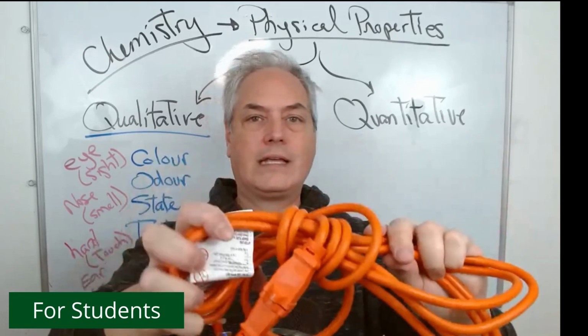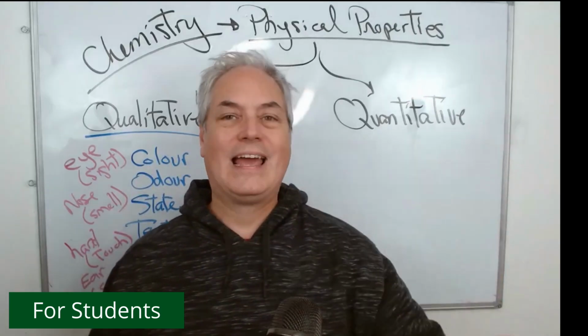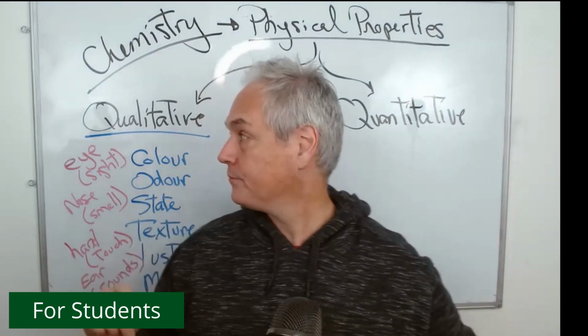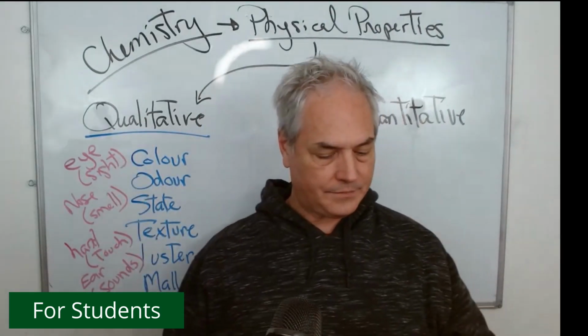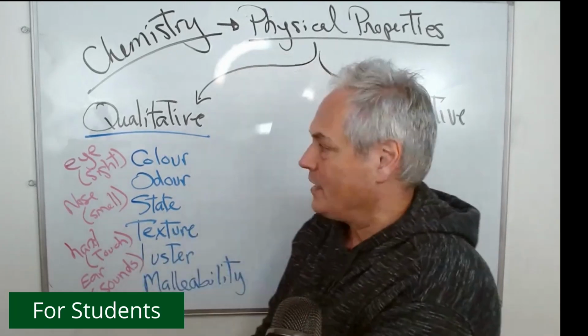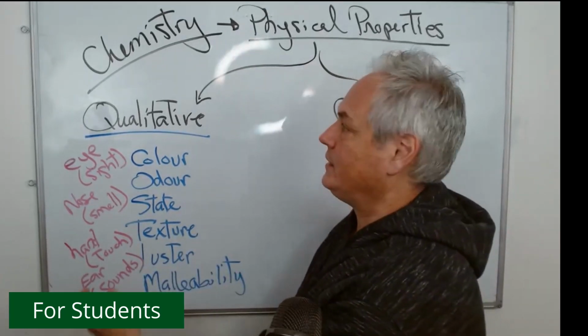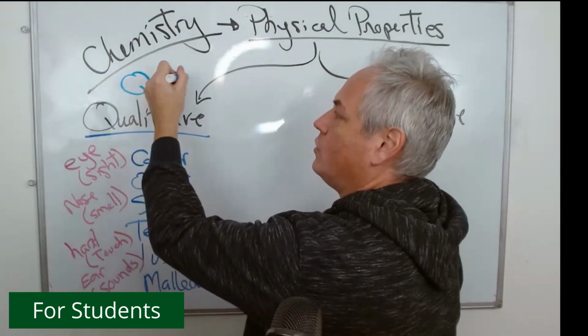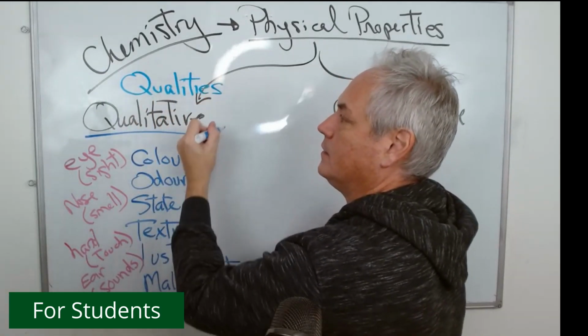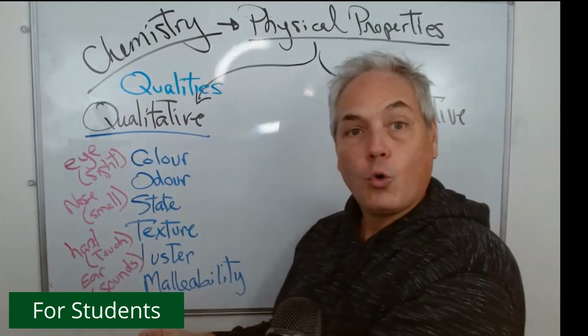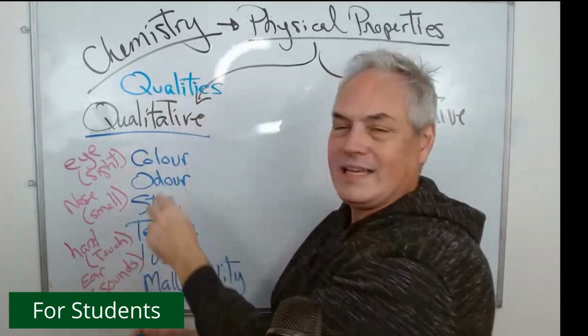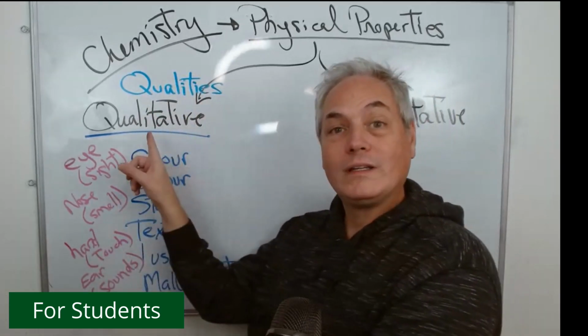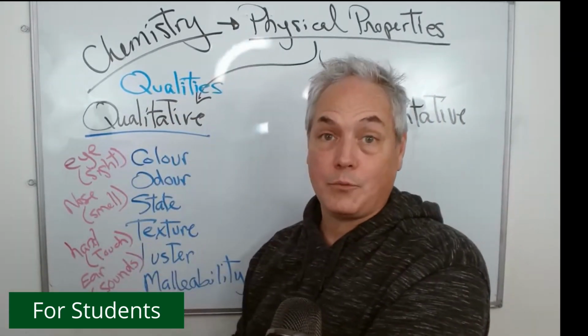We have a cord and we can move it, and it is malleable. All of these types of characteristics, we can give them qualities. Quality. This idea of qualities is what makes those qualitative properties so important.